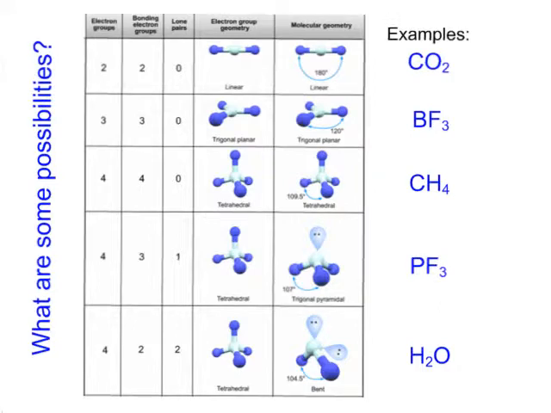Here's another example that falls into that category as well. We also have an example of tetrahedral where two of the branches on the tetrahedron are lone pairs, and then the molecular shape actually ends up being bent. If you'll remember, water was an example of that because it had the two lone pairs.